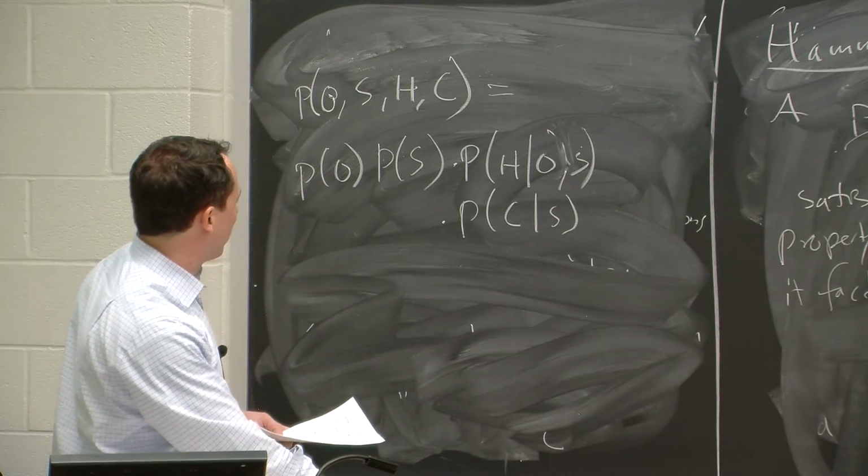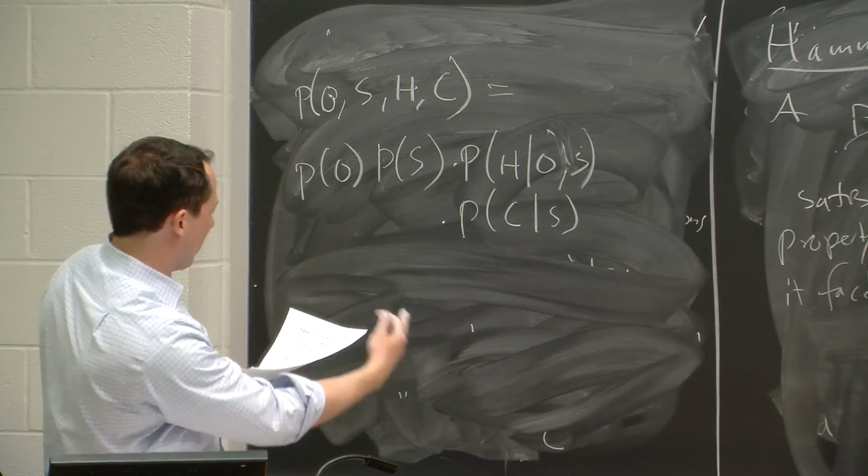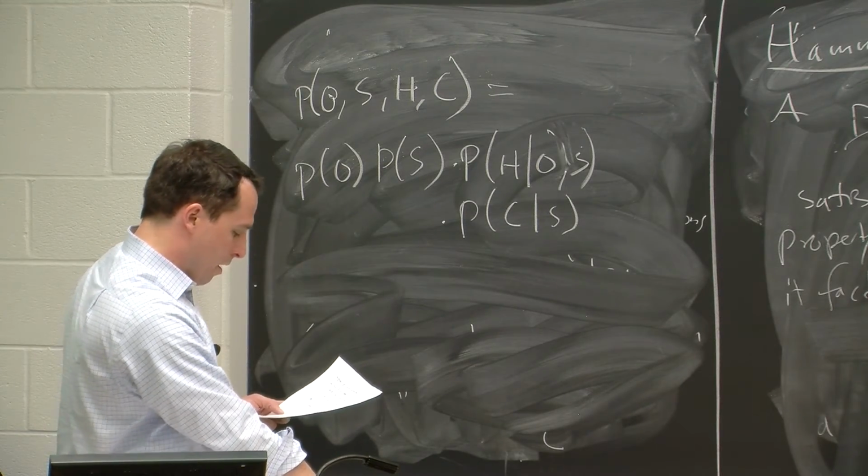So that's the hypothesis that the graph translates into about the probability distribution.